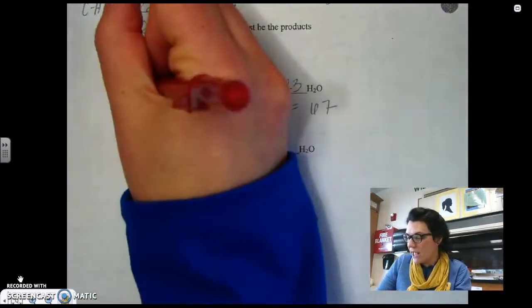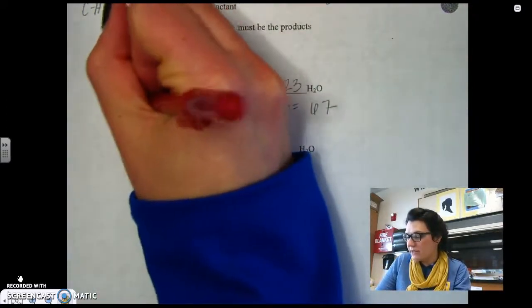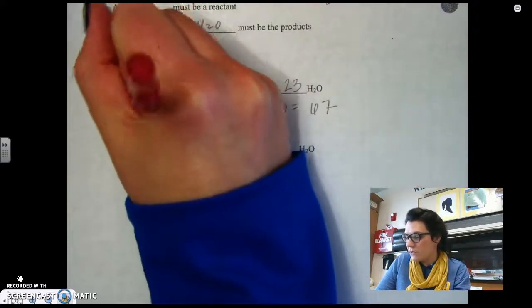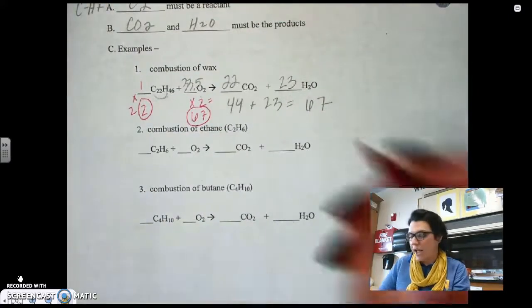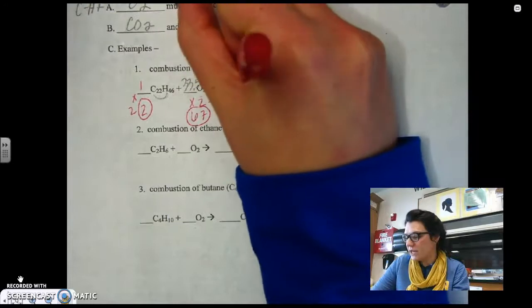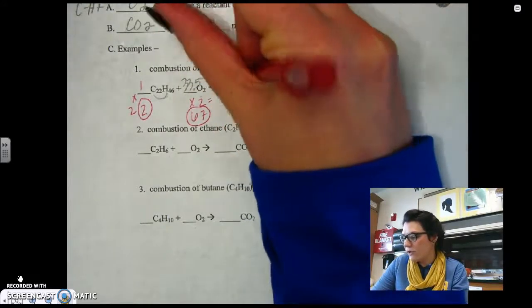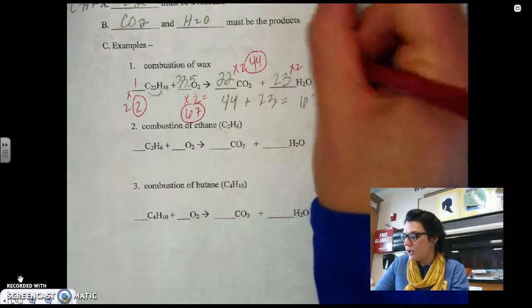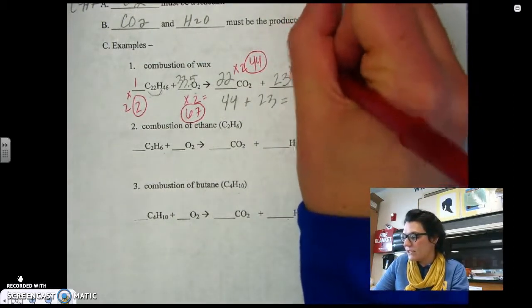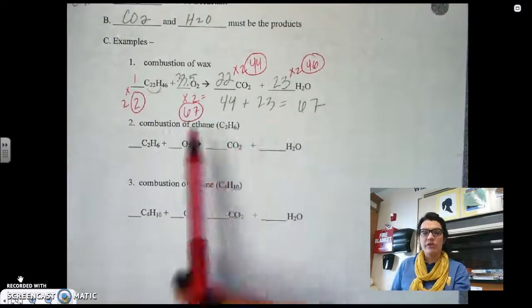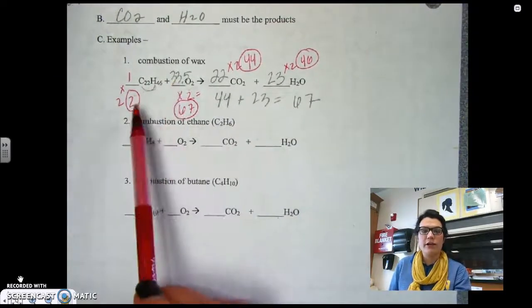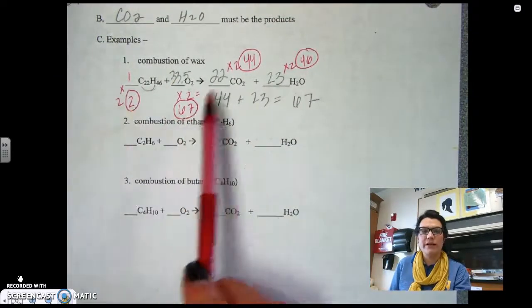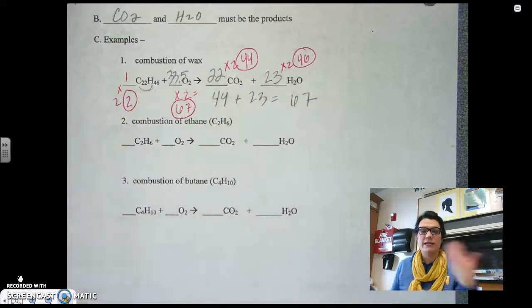So there's a 1 here, so I have to say times 2, so this becomes a 2 coefficient. I have 22 here, so times 2 becomes a 44 coefficient. 23 times 2 becomes a 46 coefficient. So the coefficients in this balanced chemical reaction are 2, 67, 44, 46, and it's balanced.